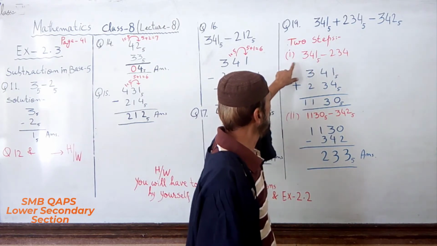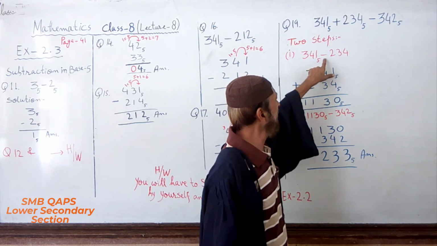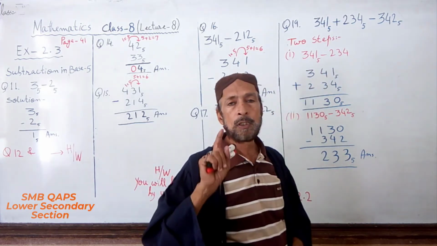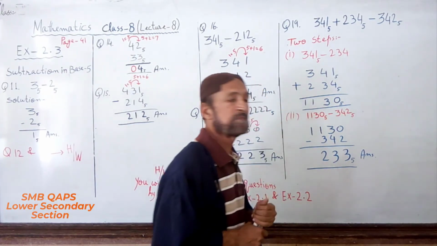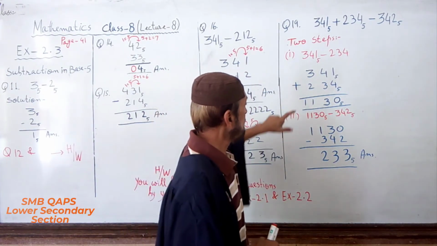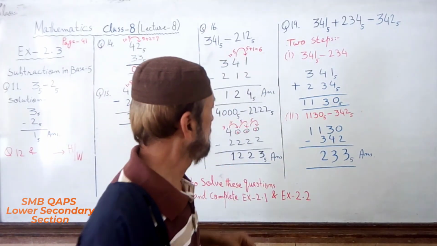Number 1. 341 base power 5 minus 234. Do it as step 1. I have done it. This is the answer of step number 1.